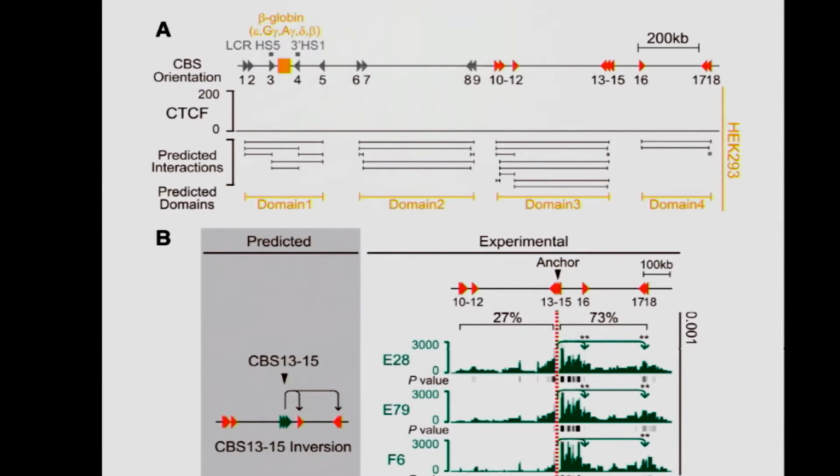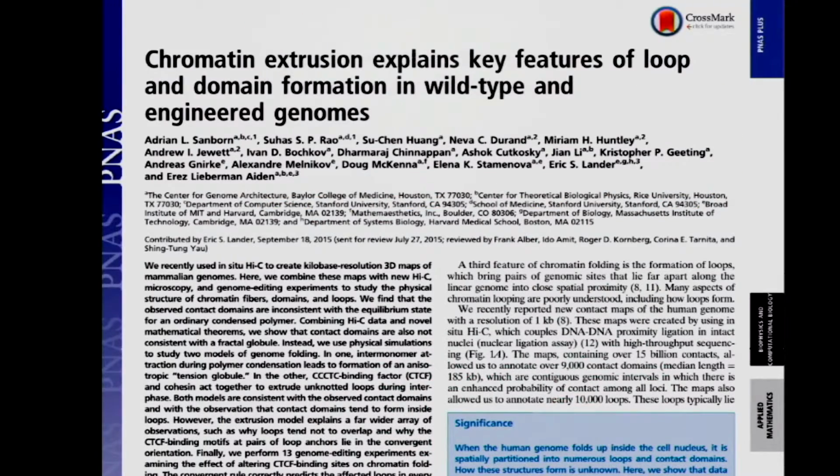And you flip the site and you see this incredibly dramatic reversal of interactions between this region, where previously it was strongly interacting to here. It's flipped around completely and is now strongly interacting the other way. Questions? Crazy, right? Yeah. All right.